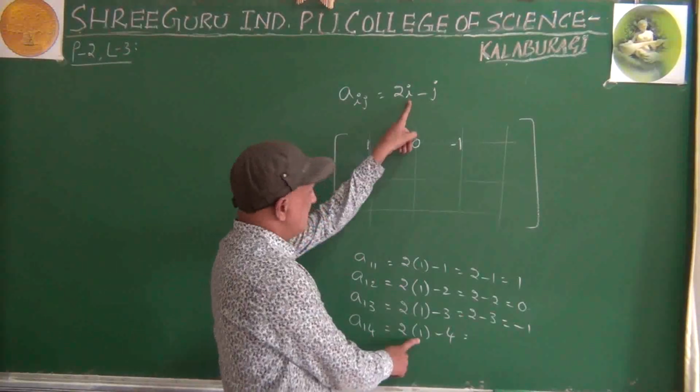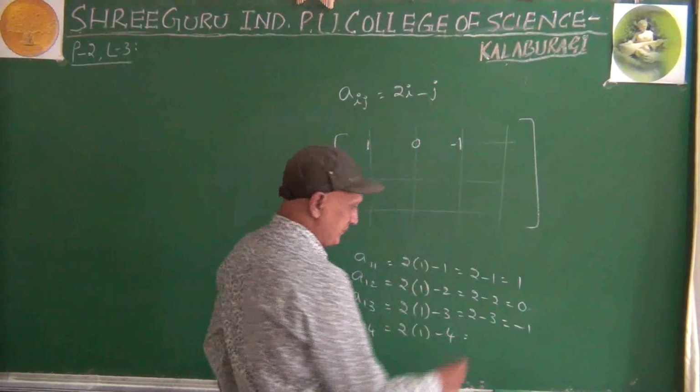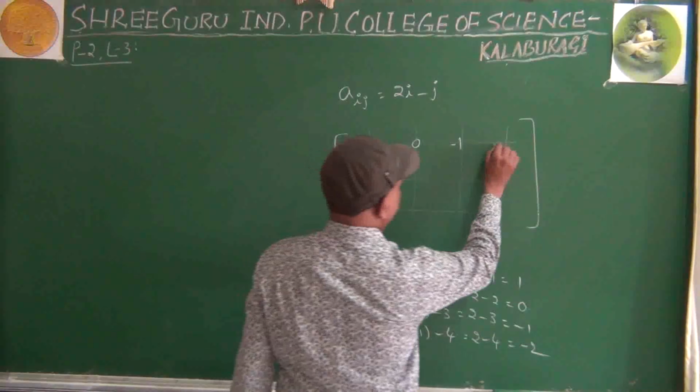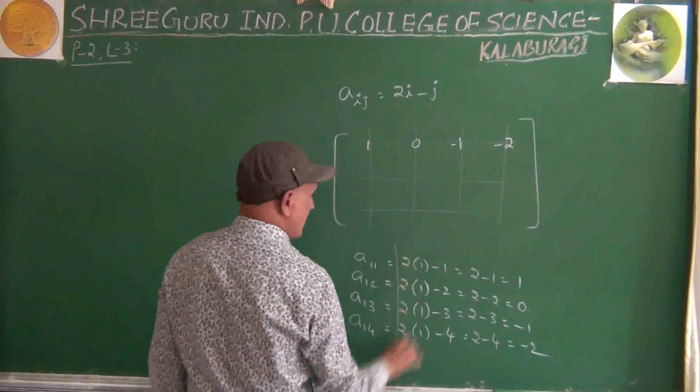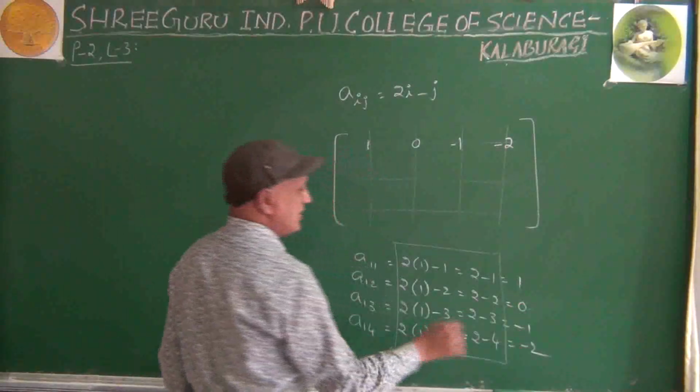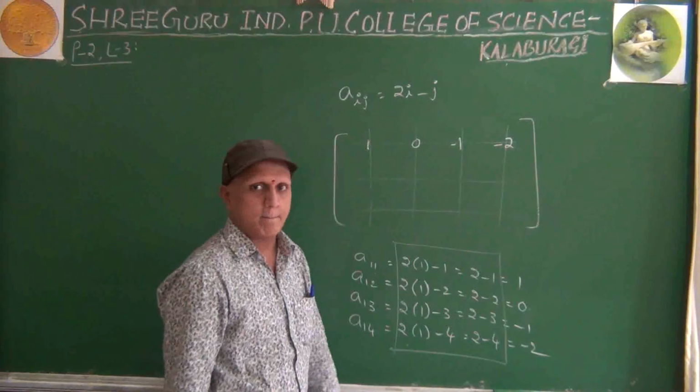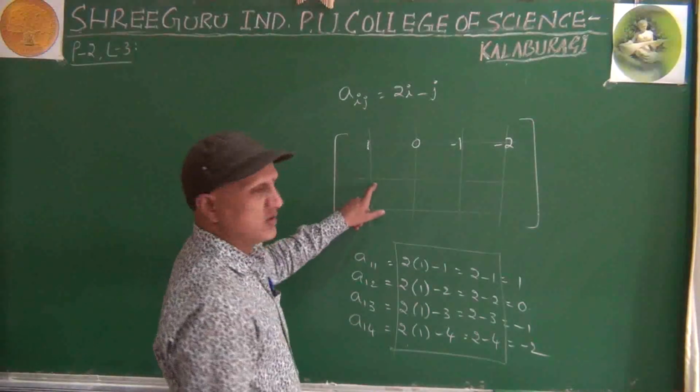So 2 minus 4 is minus 2. I asked you to solve this simplification. I am not going to solve for the remaining. Okay? Right.